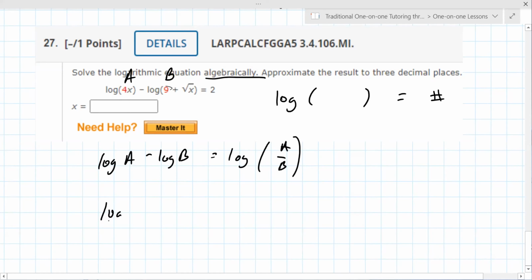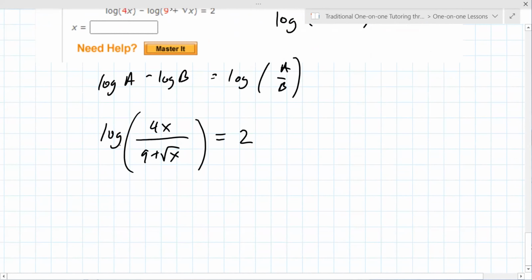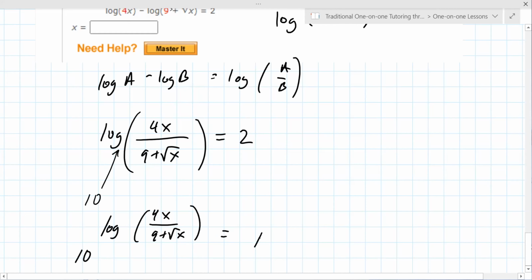So you write log of 4x over 9 plus square root of x equals 2. Now, whenever the log base is not written, there's really a 10 here, and you undo log with 10. Here's how you do it to impress your math instructor or professor, to undo logs: you write 10 to the log, 10 to the 2.